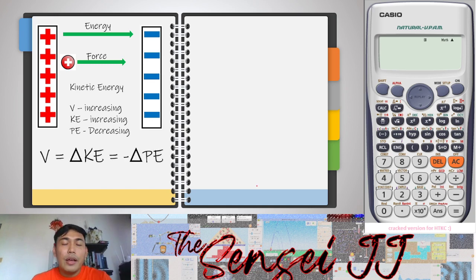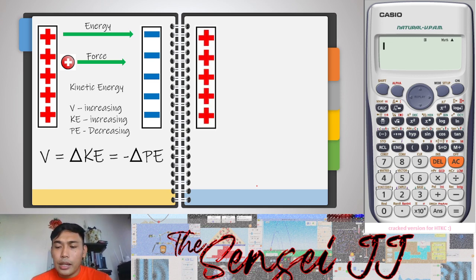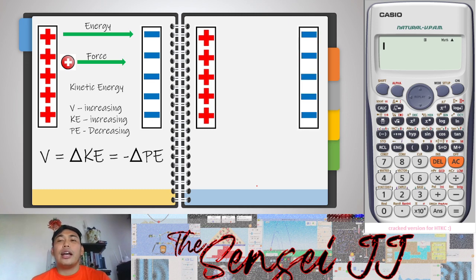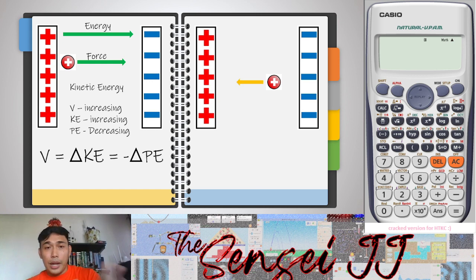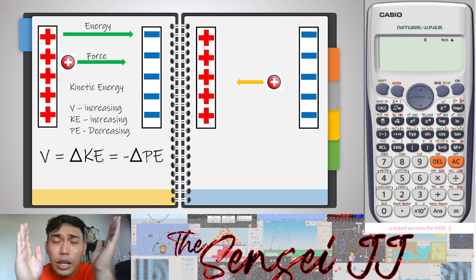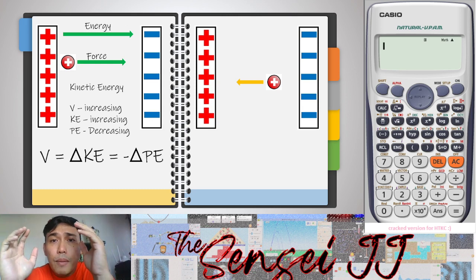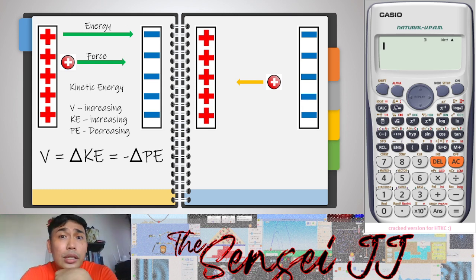Okay, so we have here our formula. We have here our electric potential difference is equivalent to V. KE is equivalent to negative delta PE. Okay. So what if naman guys, you have here our positive plate and the negative plate. And we have here our positive charge moving to the direction of the positive plate. Positive charged particle moving to the positive plate. Is it possible, sir?